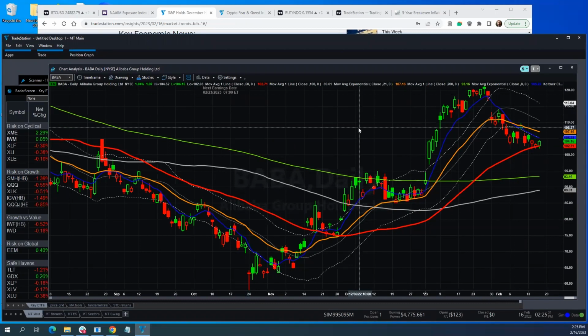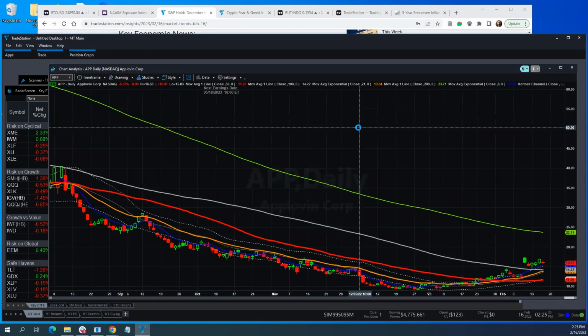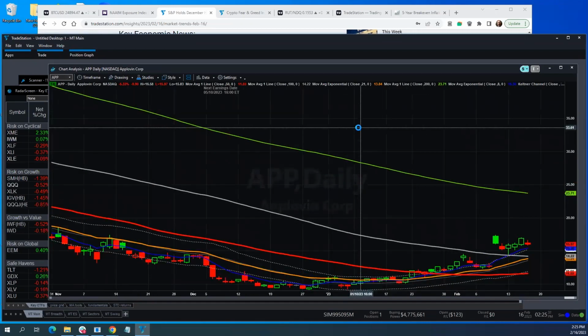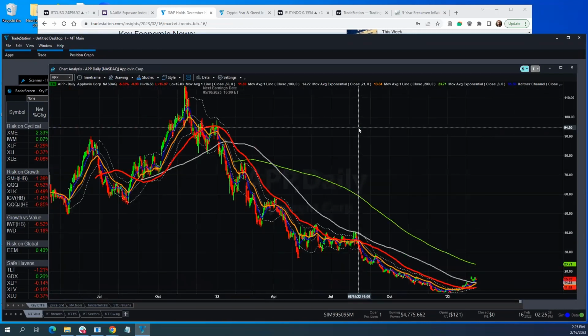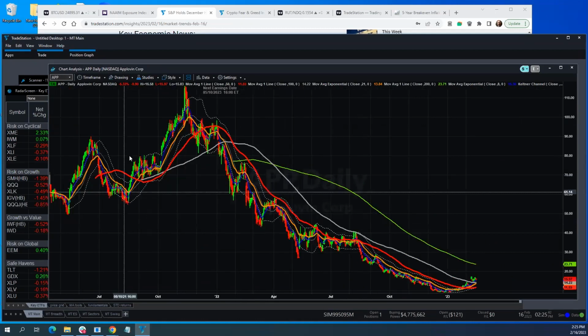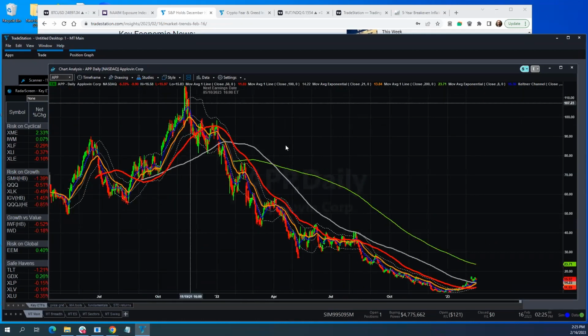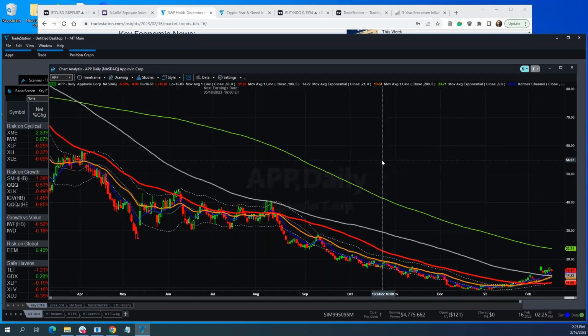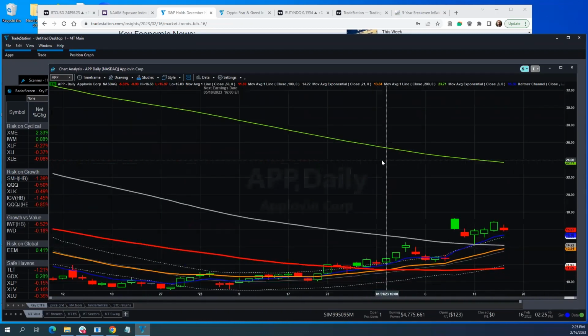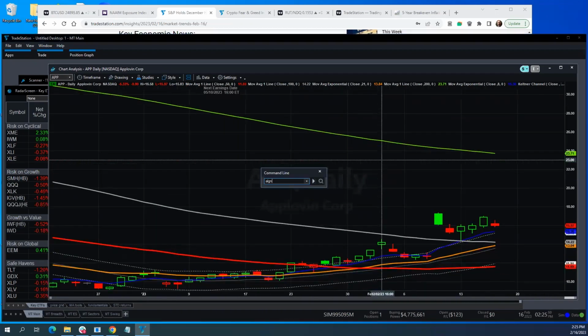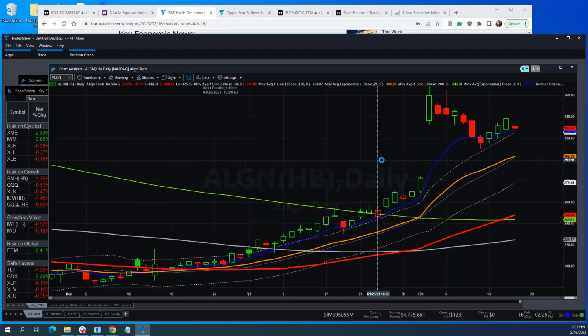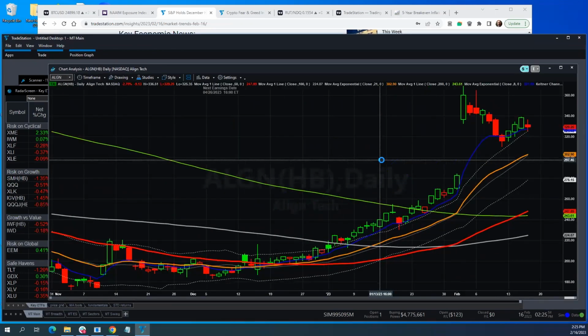Very quickly, my big mover of the week is this company APP. It's AppLovin, which was another one of these high-flying growth stocks back in the COVID period. And this is just another interesting example of how some of these names are jumping back to life. We had focused before on things like Align Technologies, which has pulled back, but it's still inching higher.